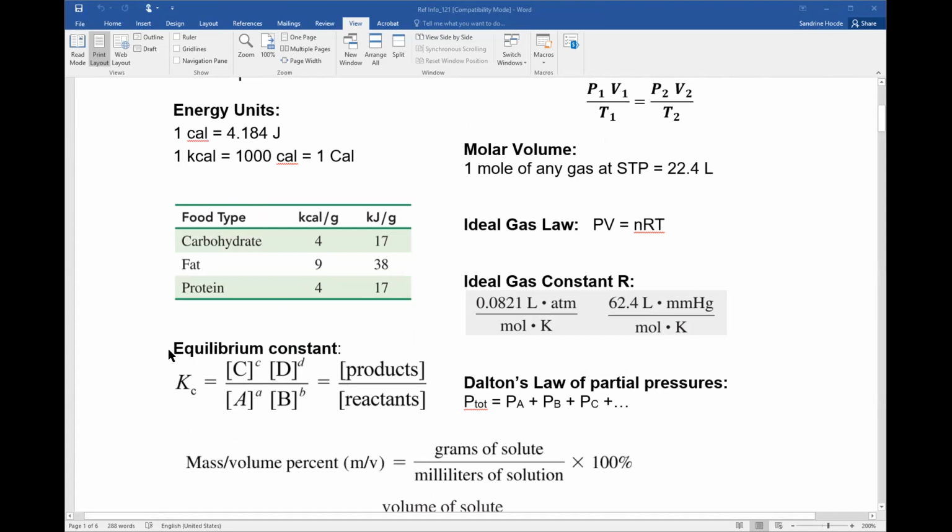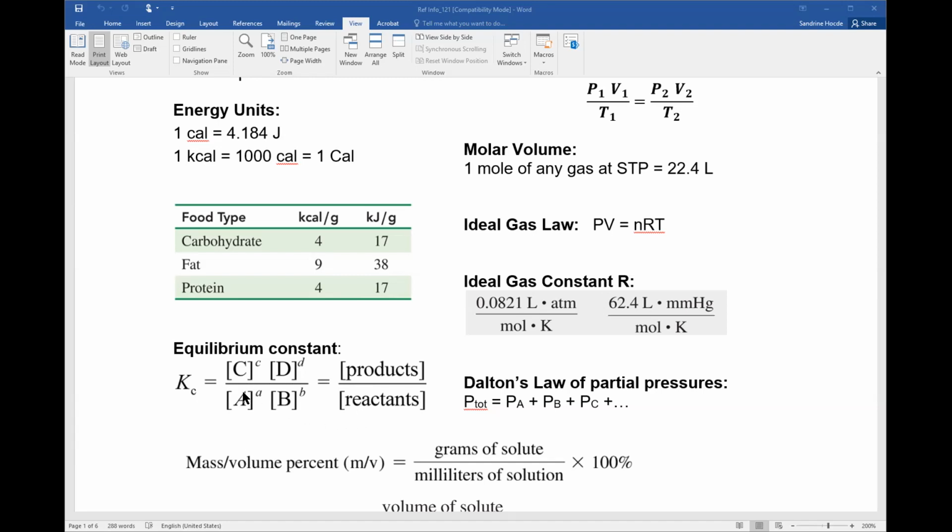Here, notice how there is also the equilibrium constant formula, which is what you learn in chapter 6. The equilibrium constant corresponds to the concentration of products over the concentration of reactants.